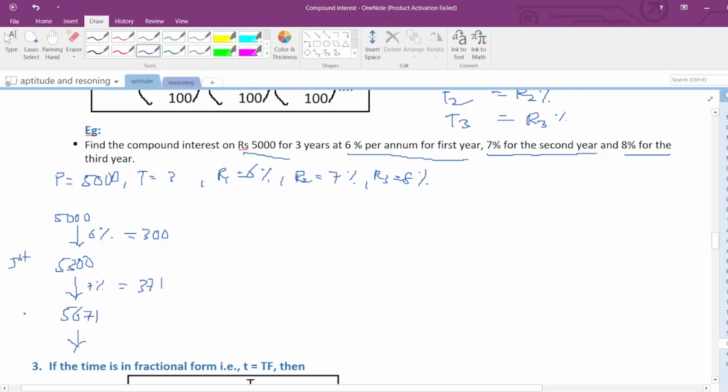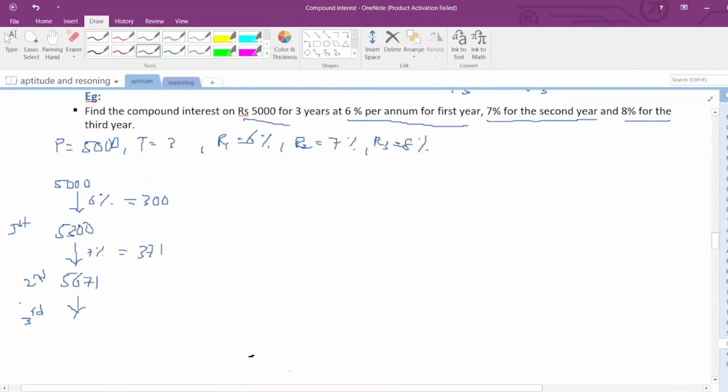This is for the second year, and for the third year the rate of interest is 8%. 8% of 5671, 1% is 56.71, into 8, right? Which is equal to 453.68. If you add this to 5671, you will get 6124.